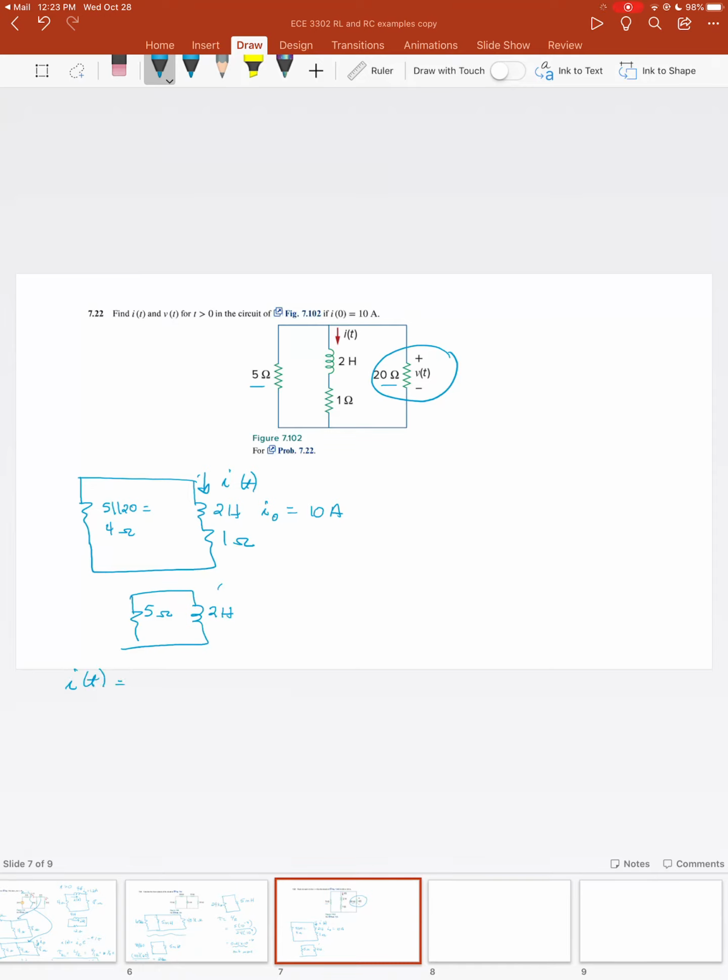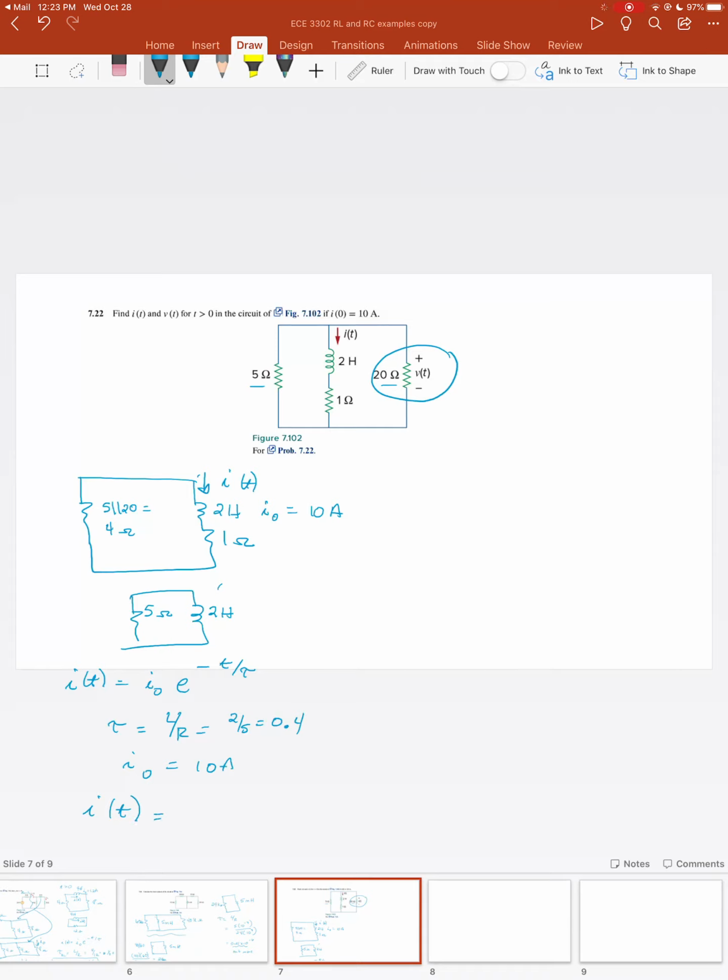and 2 henries. So I can now write out I of t is I0 e to the minus t over tau, where tau is L over R, which is 2 over 5 or 0.4. I naught was given as 10 amps.